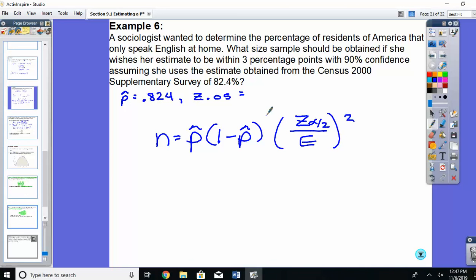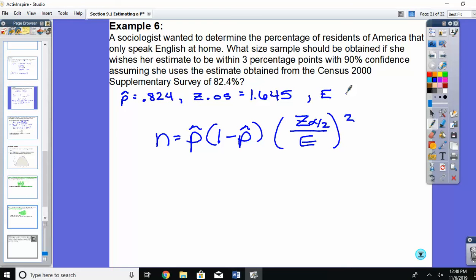So you are going to your normal table, looking inside the table. For 0.05 or the 0.95? The table gives you area to the left, so you have to find the 0.95 in your table and then tell me the z value. 1.645. Okay.